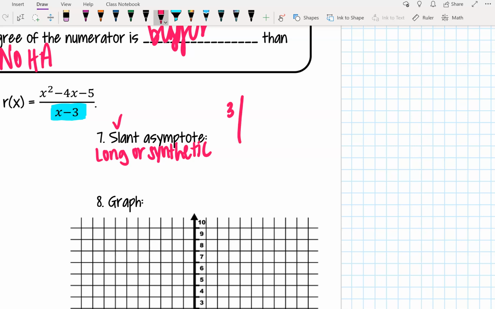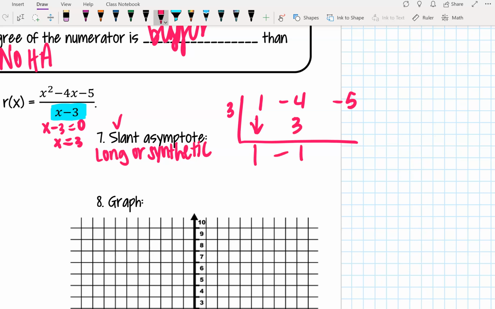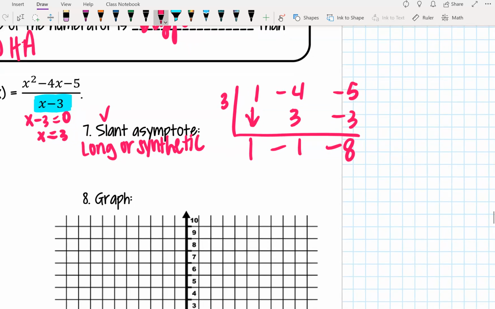So we have 3. So x minus 3 equals 0, x equals 3. And that's where the 3 comes from. 1, -4, -5. You're going to do your synthetic division. Okay, regardless of whether you get a remainder or not, that's not what we're looking at.